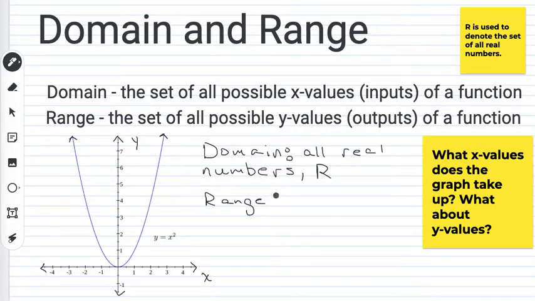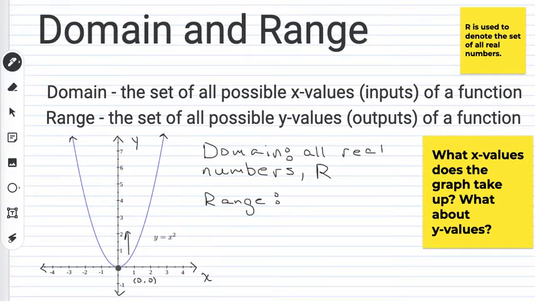Remember that the range is the set of all possible y values of a function. So what about the y values? What y values does the graph take up? Well, when you look at the y values, you really start right here at 0, 0. This would be the point (0, 0). So you're starting at 0 and you're going up, right?